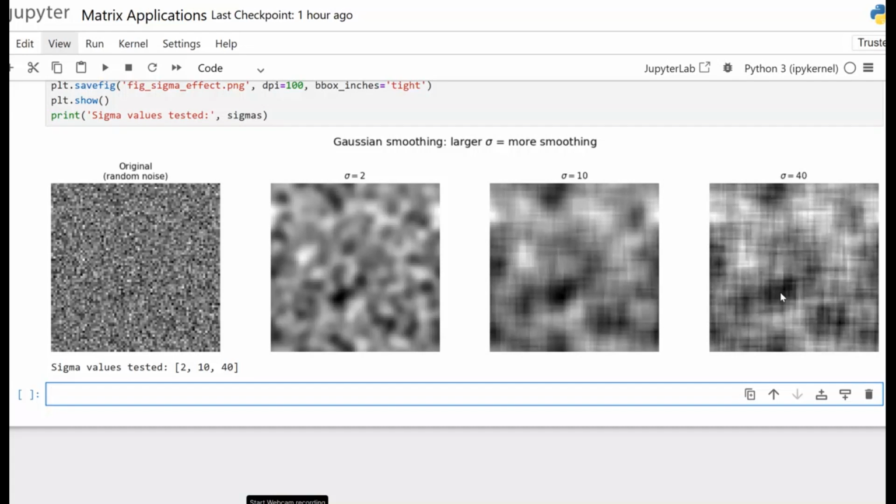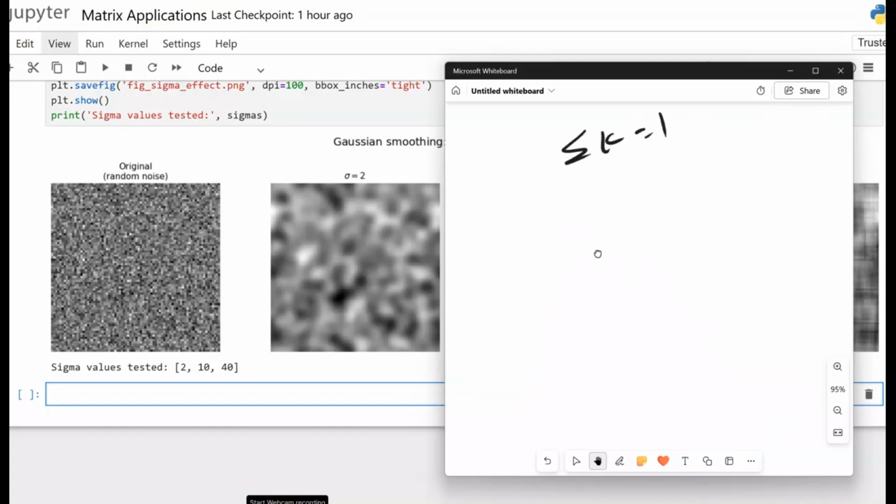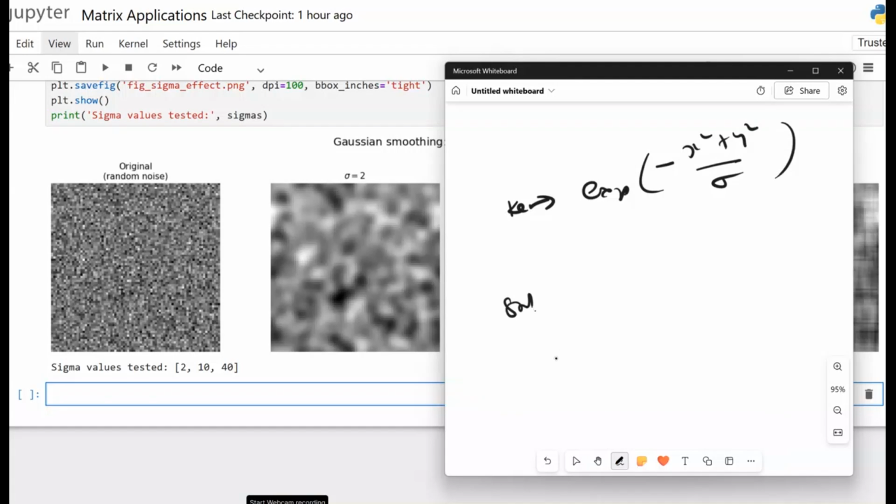Dear friends, I have already specified one thing. We have used the kernel with the expression exponential of minus x square plus y square divided by sigma. But the standard one is the exponential raised to minus x square plus y square divided by 2 sigma square. So here sigma is not a statistical standard deviation; it is a monotonic control of smoothening strength.